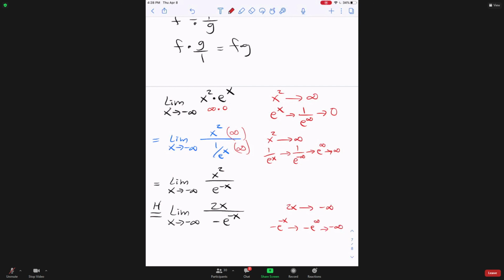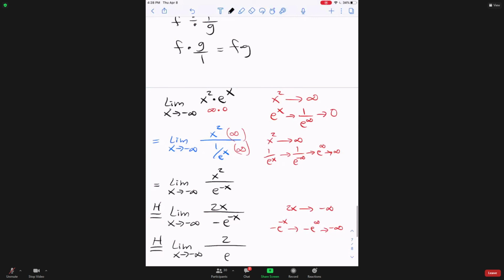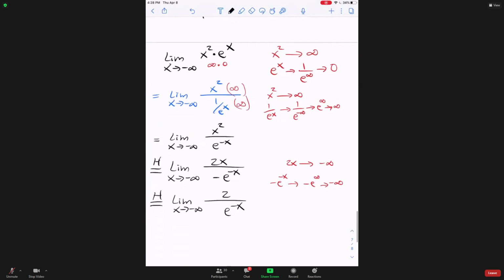So L'Hopital's rule applies again, because you got an infinity over infinity again. So let's take the derivative of the top, which is 2. The derivative of the bottom, e to the minus x, is itself times negative 1, so the negatives cancel out.